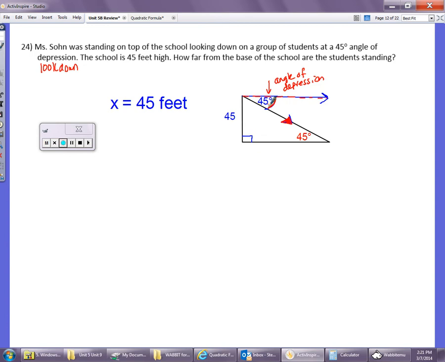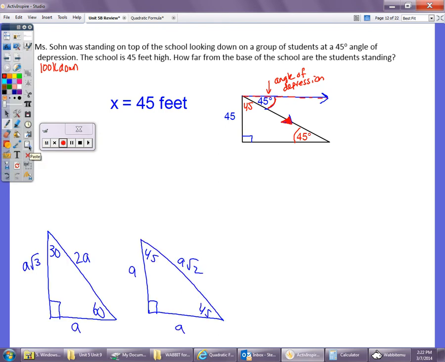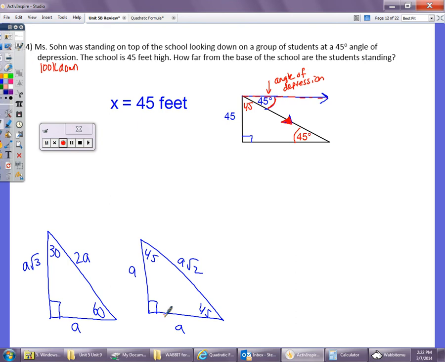Now the angle of depression is also alternate interior to this angle. So we can place a 45 degree there. Now, this becomes a 45, 45, 90 triangle. So here's my 45, 45, 90 triangle.